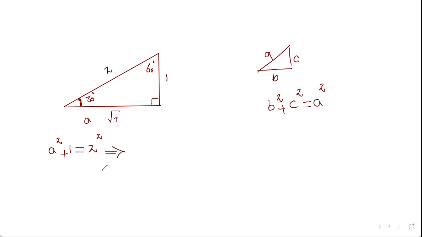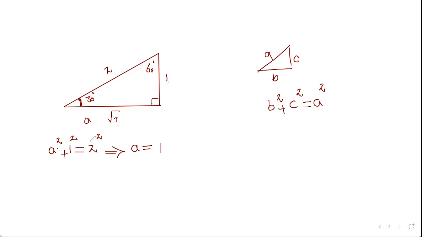Then as a result, A is going to be how much? 1. Really? Yes, look at that. You have A squared plus 1 squared equals 4.